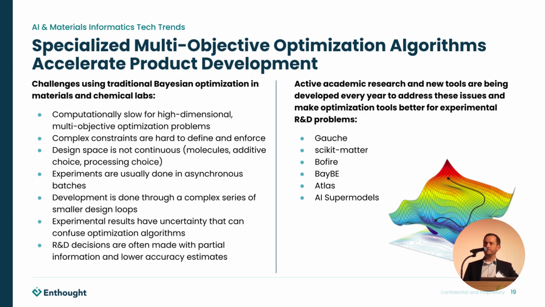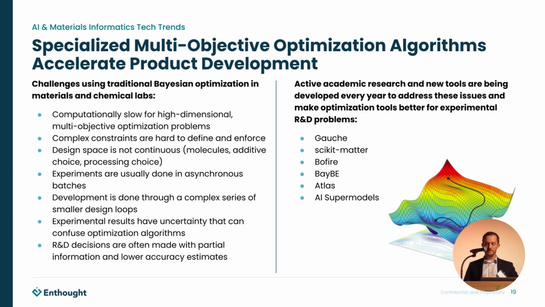And the results of these experiments can often have significant measurement uncertainty, which can confuse algorithms not developed to handle noisy data. Most product optimization is also not done in a single loop. There are many different stages of subloops and decisions made using partial information and lower accuracy estimates.